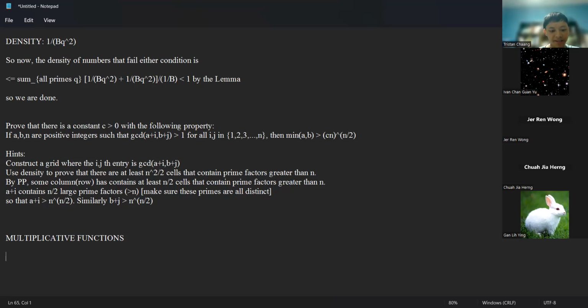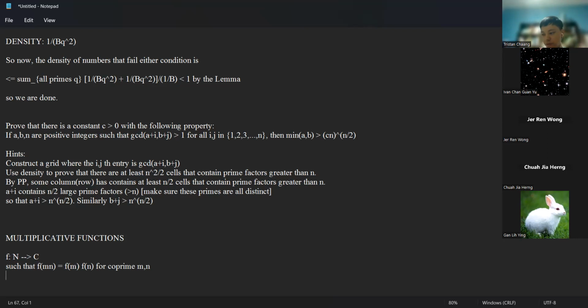Well, they are functions that satisfy this relation. So f takes inputs from the positive integers to anything, to any complex number actually, such that f of mn is equal to f of m times f of n for coprime m, n. So whenever you have two coprime factors to split, you can just split the whole function completely.